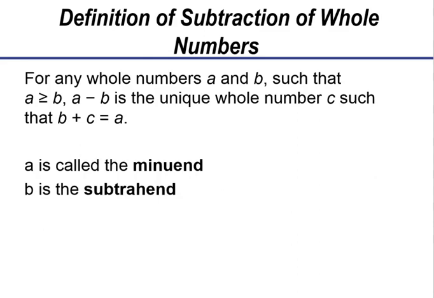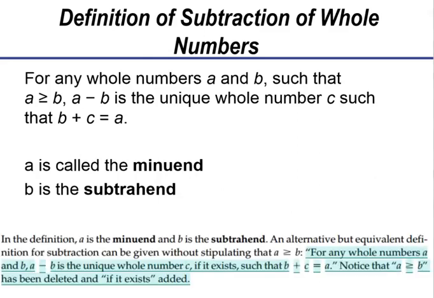Remember, when you're adding, the values added are called the add-ins. So we have a minuend and the subtrahend. Now I do want to point out down here at the bottom, the highlighted area, there is another definition for subtraction where you don't have to compare the two numbers.